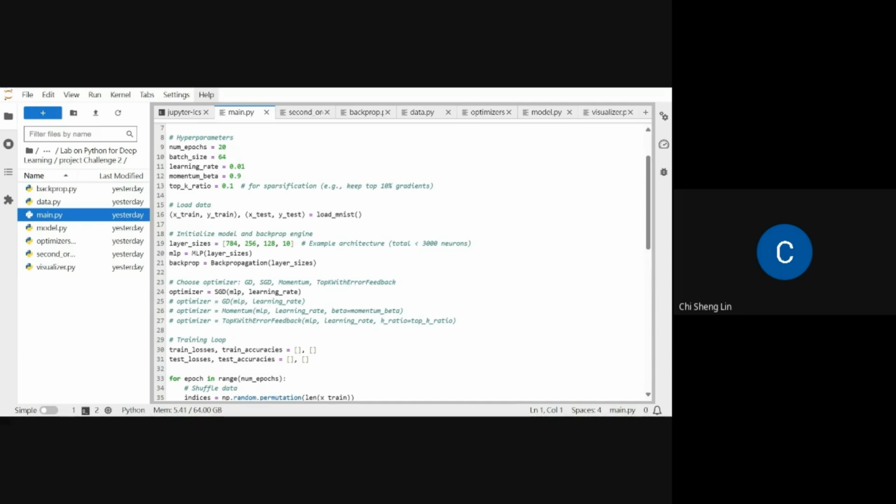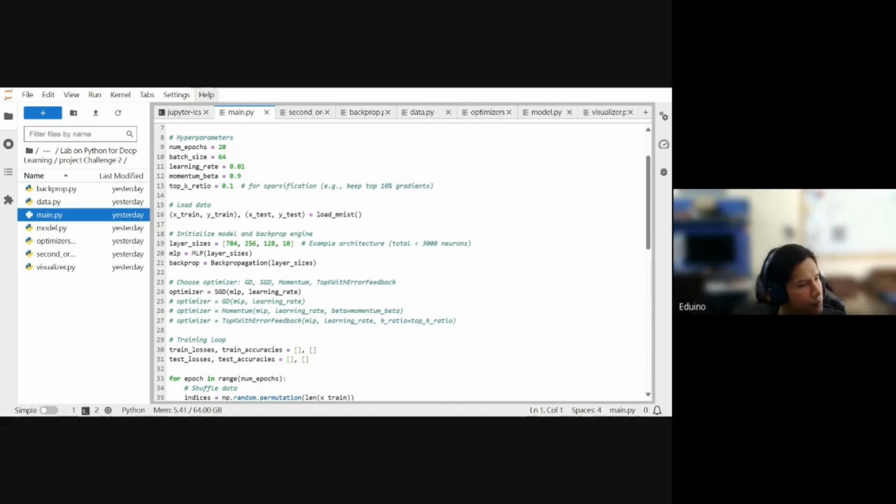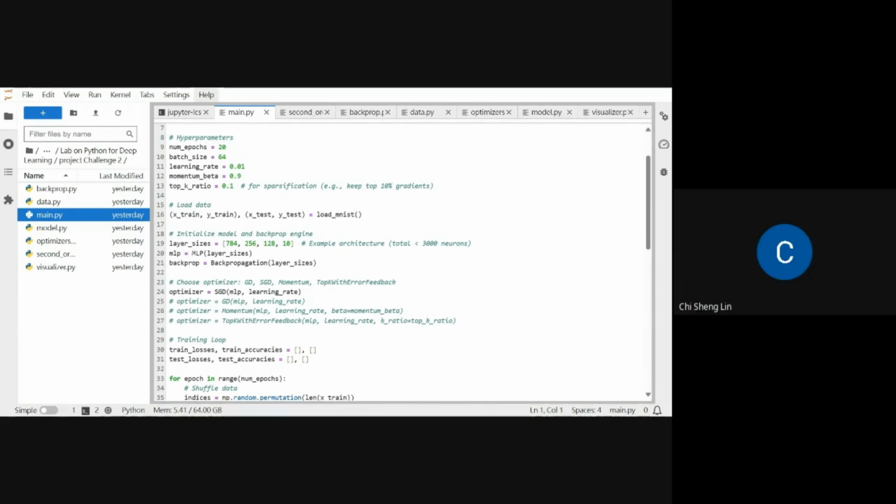Okay, I see. So what I need to do is research the momentum and try to adjust it in order to achieve better accuracy.